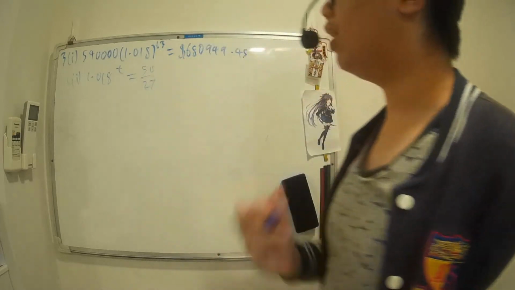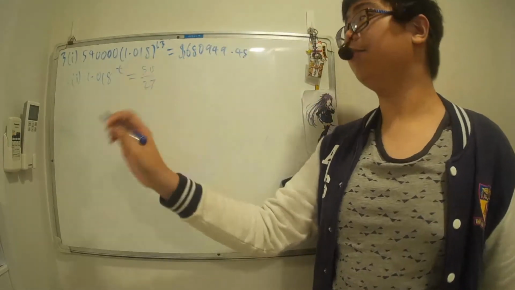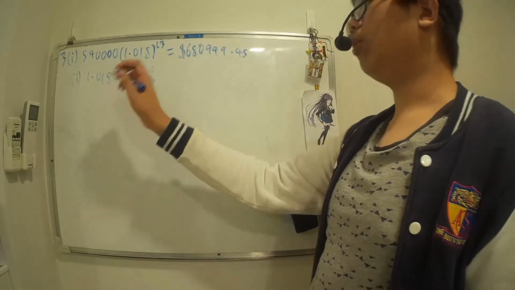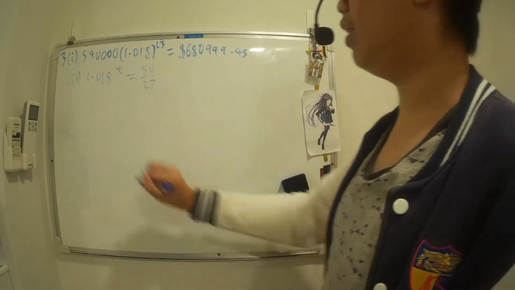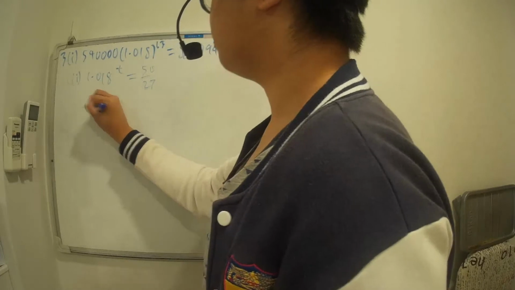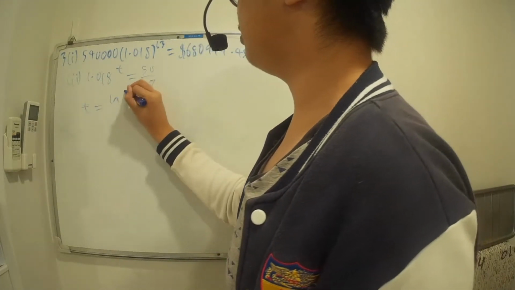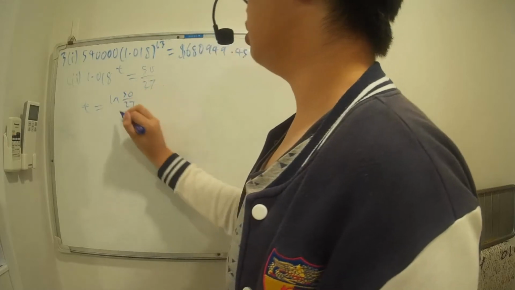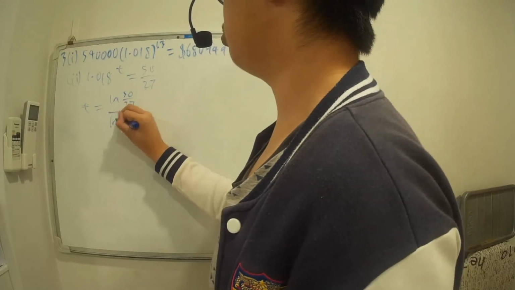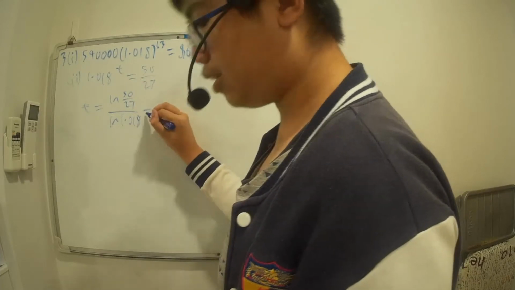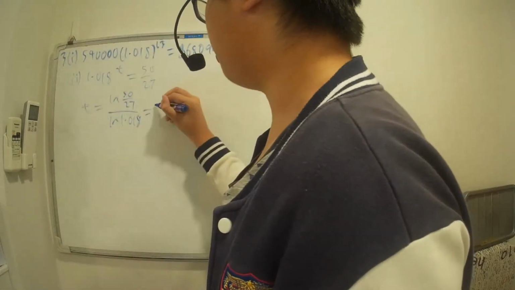So we are literally just going to find a value of t for which this is equal. If I take ln on both sides, then I can get my t. t will be equal to ln 50 over 27 divided by ln 1.018, and if you press calculator, you'll get 34.5.